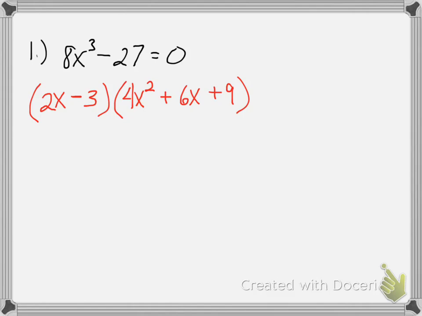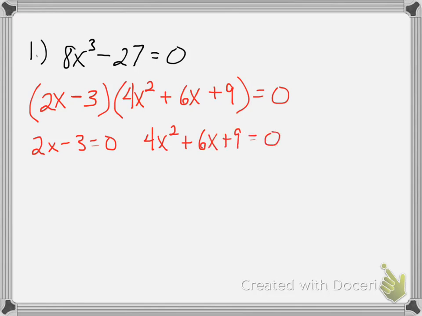So, from here to finish solving, we use the zero product property, meaning that after I factor it, if I take both factors and set them equal to 0, I can solve for x. Okay, now the first one is really easy because it's linear.